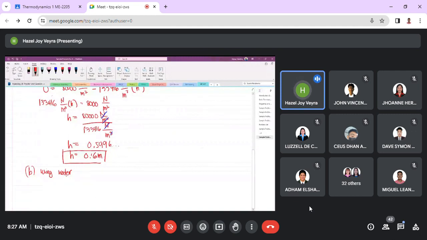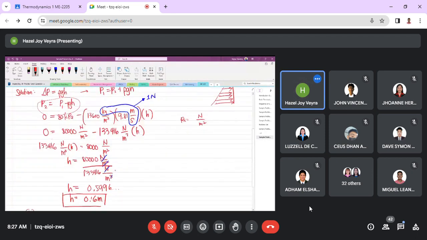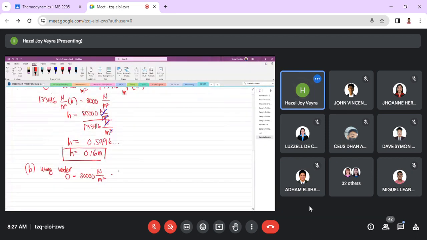So, we'll have 0, ito yung P2, times 80,000 Newton per meter squared minus 1,000 na to kilogram per meter cubed times 9.81. Ito na yung rho GH, times H.